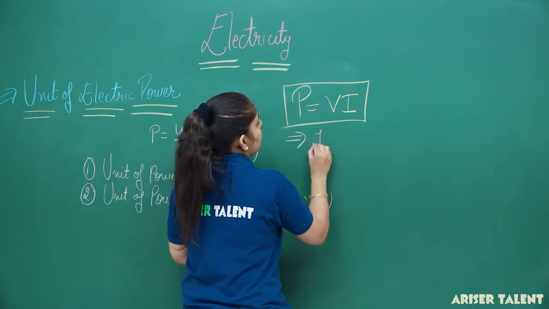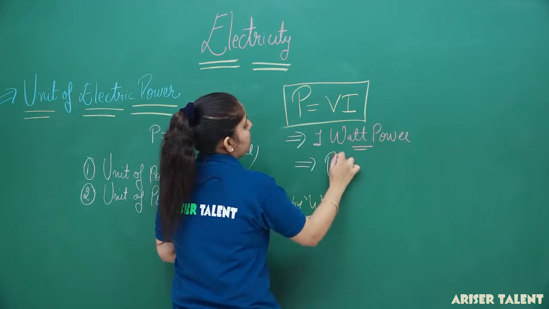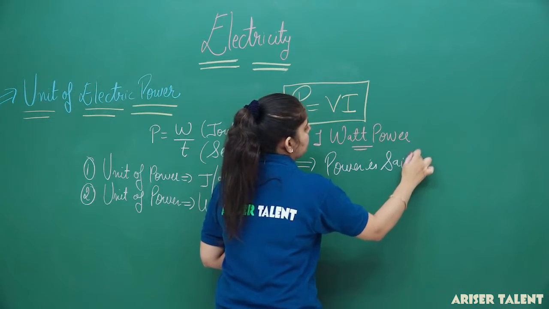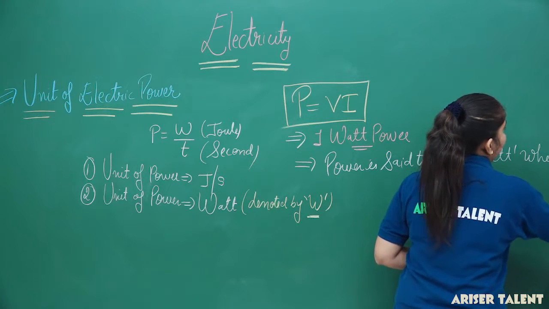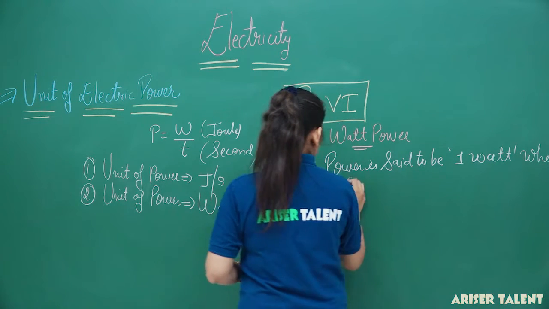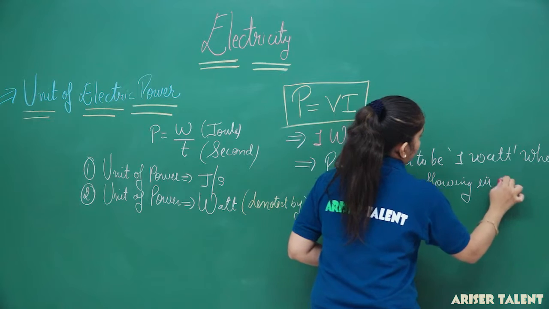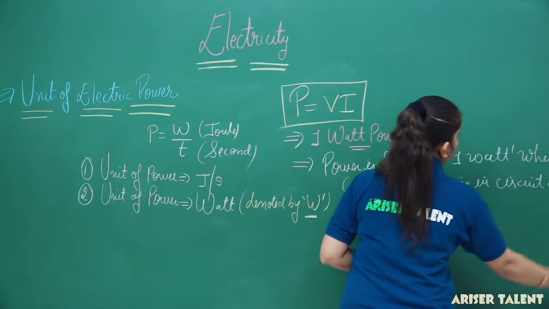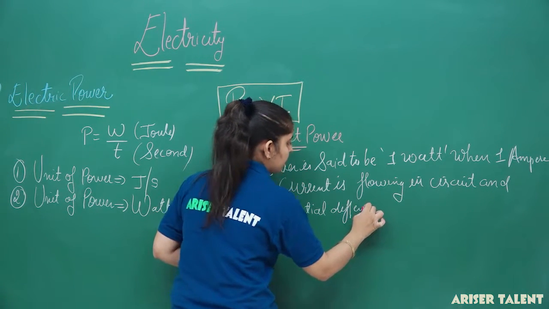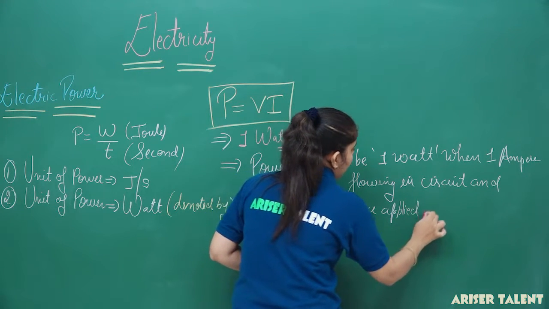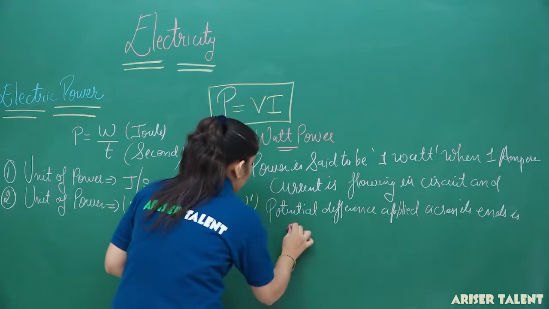So what is 1 watt power? Power is said to be 1 watt when 1 ampere current is flowing in the circuit and the potential difference applied across its ends is 1 volt.